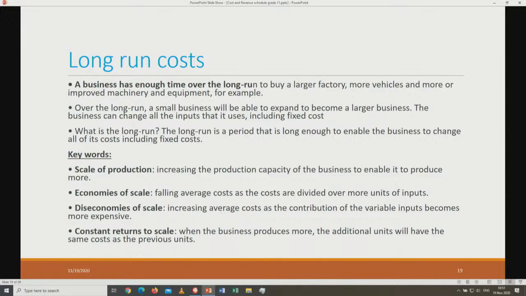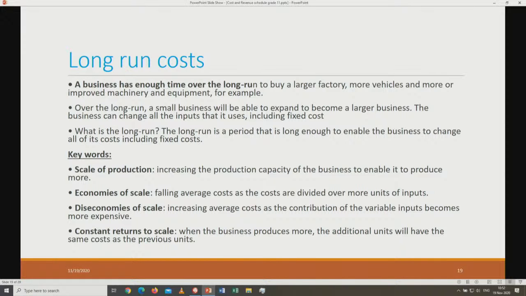It's when a business is increasing its production capacity to enable it to produce more. So every time you hear business analysts talking about scale of production, you must know that it's a situation where the business is increasing its production capacity to enable it to produce more.